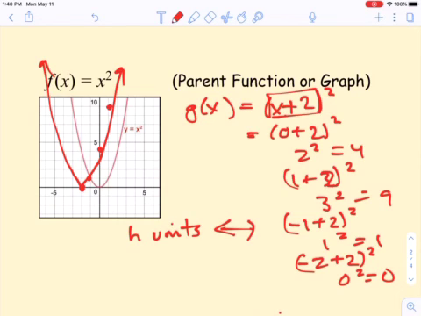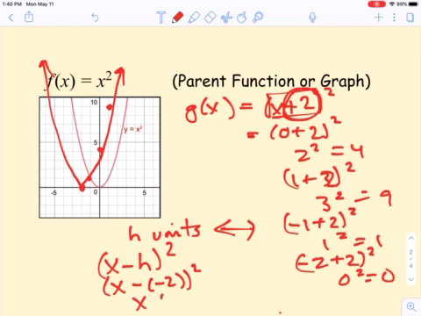For this one, it's x plus 2, and it's supposed to be in the form x minus h squared. If I put a vertex of negative 2 in there, x minus negative 2, that's how it becomes positive 2. So h is your vertex point, your x point. If you have x plus something and you're squaring that whole thing, it's going to shift to the left.